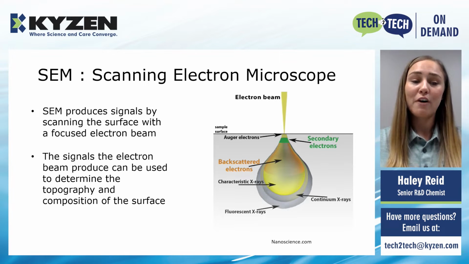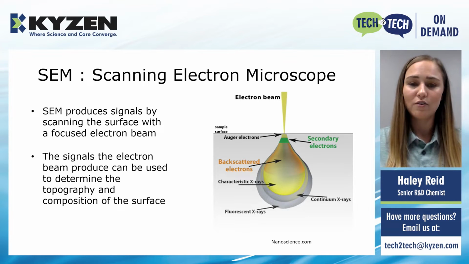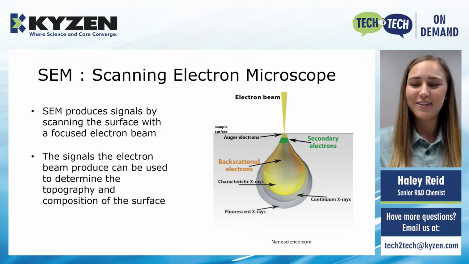The signals from this electron beam excite different electrons and photons and can produce topography and compositional information of the surface. The image on the right shows how deep into this sample we're gathering information from. There's a bunch of information that's excited and given out, and depending on how deep in the sample it is determines what kind of information you have.